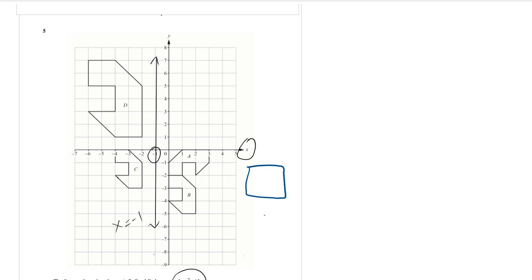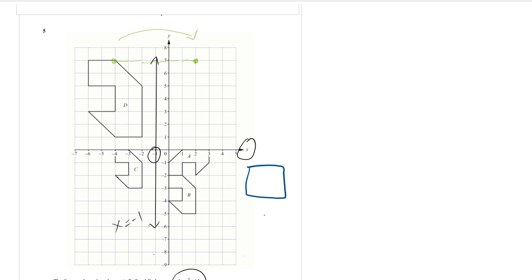Now we have to reflect the shape D. So how many boxes do we need to count from each vertex? So 1, 2, 3 boxes. This point is 3 boxes away. We will move 3 boxes in this direction from the line of reflection. 1, 2, 3.